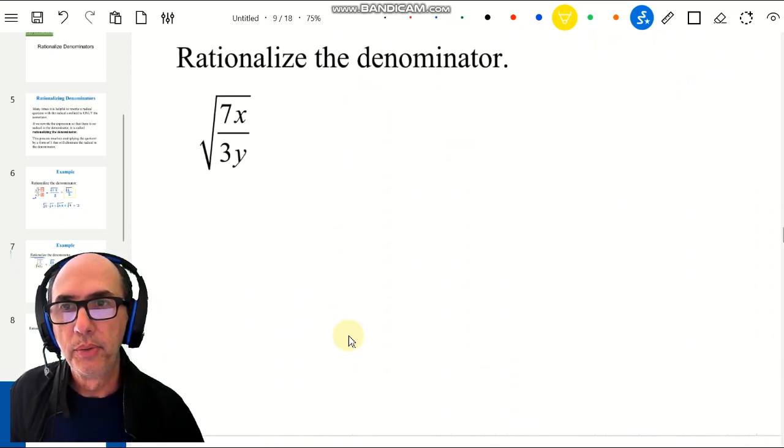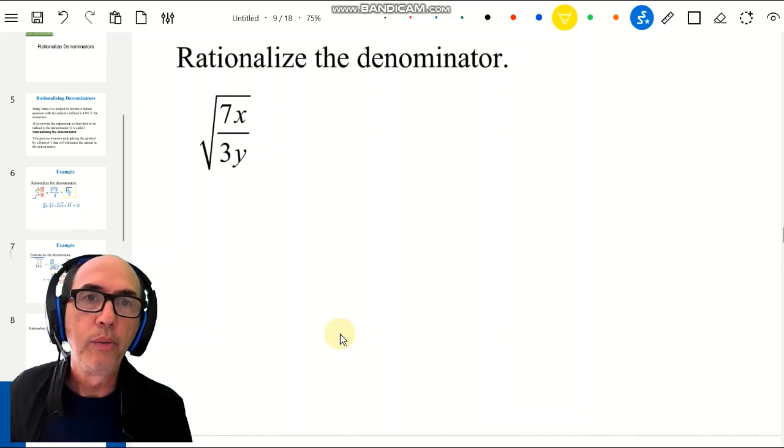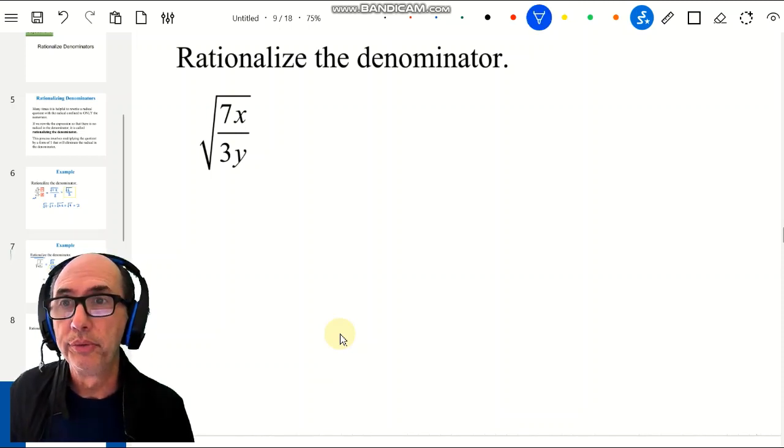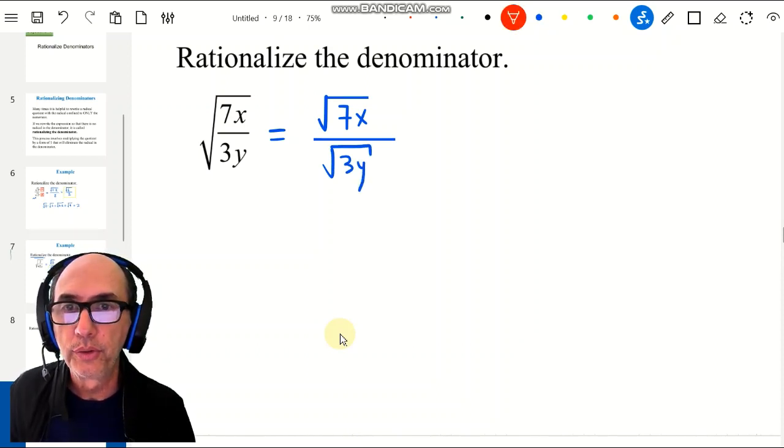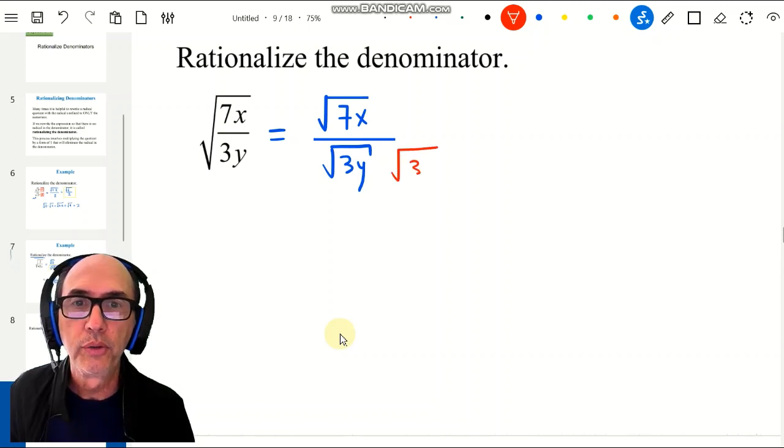Another example. Now we have letters, we have variables. Rationalize the denominator. This is the square root of 7x over the square root of 3y. We want to get rid of this square root of 3y. Multiply both the numerator and denominator by the square root of 3y.